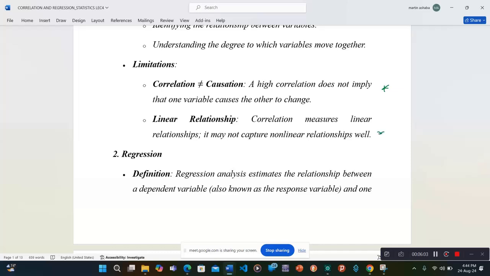So you can always utilize this to analyze any linear process or any linear model.